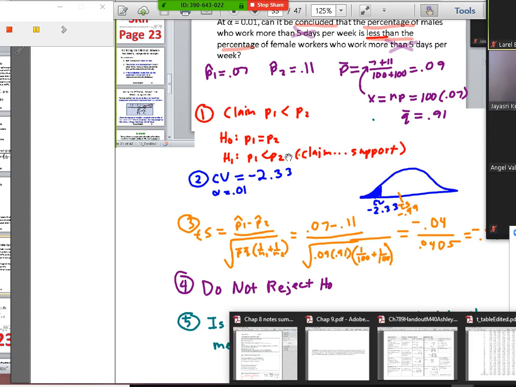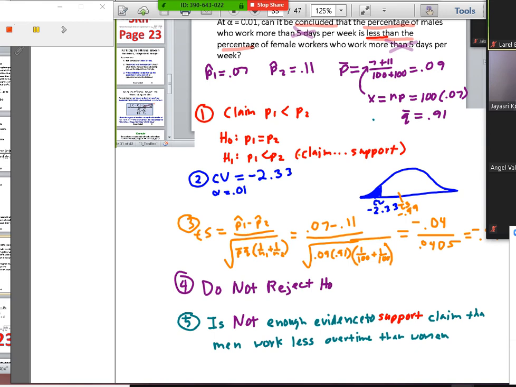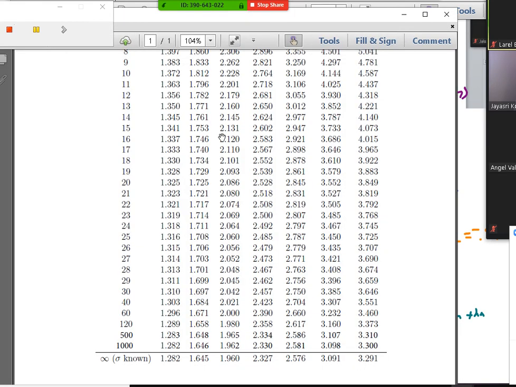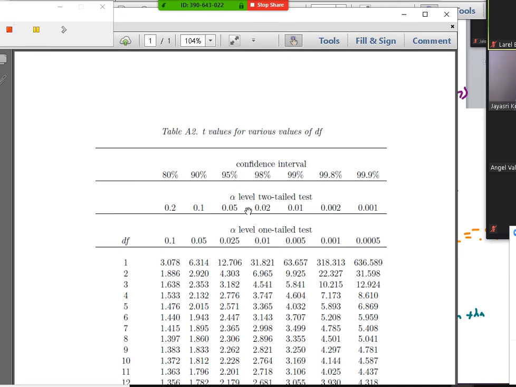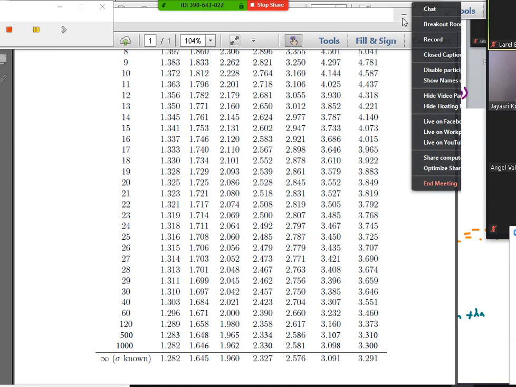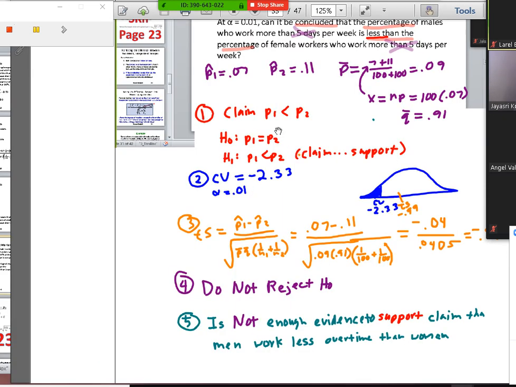So we just look at the table under one-tailed test for alpha 0.01. Here we go. The middle column. And we get 2.327. So that is 2.33. So it's going to be negative because it's less than. So I'm going to draw my picture, left tail, negative 2.33, that's my critical value.